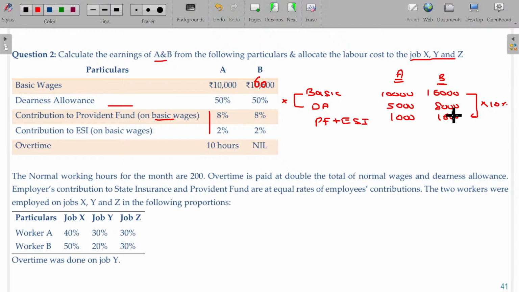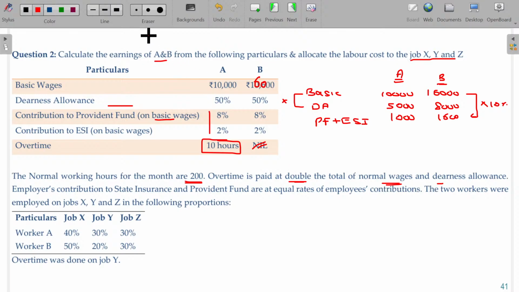And overtime is there, where worker A worked for 10 hours. Nil for B. The normal working hours for the month are 200. Overtime is paid at double the total of normal wages and DA allowances.